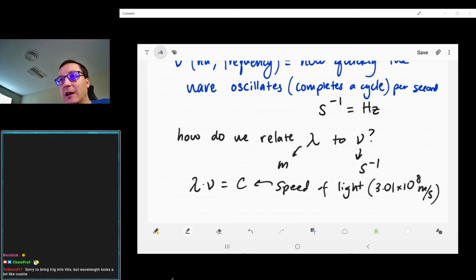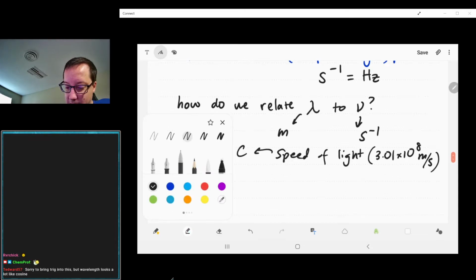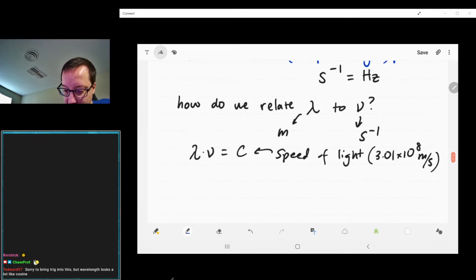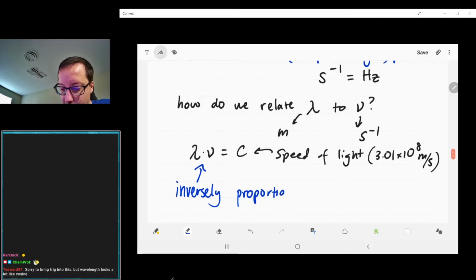And so we can look at these two and see that because these guys are multiplied together, they're going to be inversely proportional. That means when one goes up, the other one goes down. So if your wavelength goes up, then your frequency goes down, and vice versa. And that kind of makes sense, right?